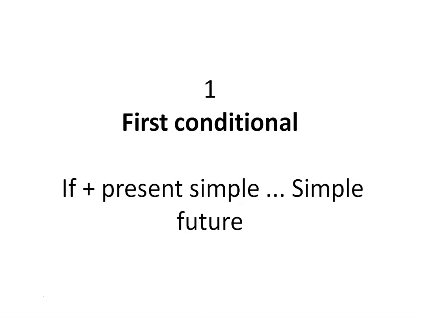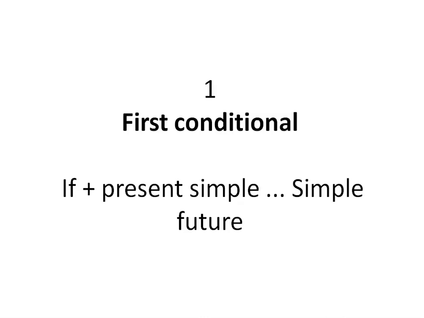The first one is the simple present pattern, called zero conditional. The second one is called the first conditional, and the pattern is if plus simple present and simple future. That means we can create a shortcut: simple present, simple future.